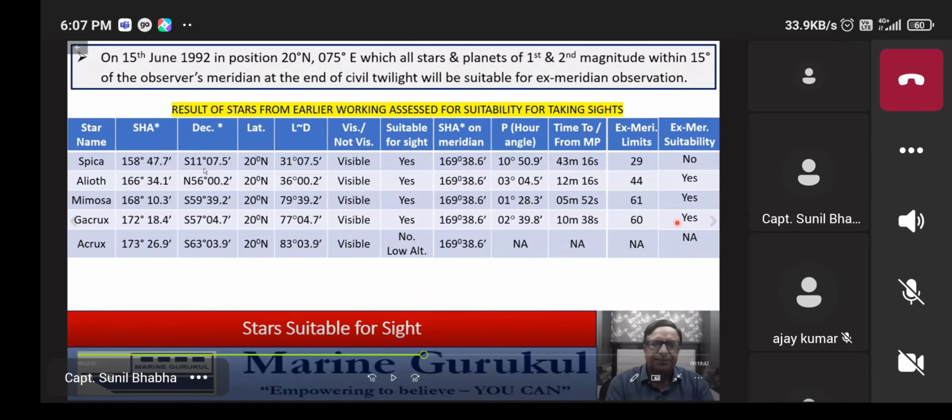So you are getting a value of 3.5 for 20 north and 11 south, right? Correct sir. Okay, so factor A is 3.5.